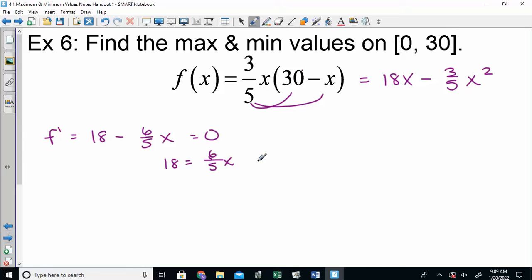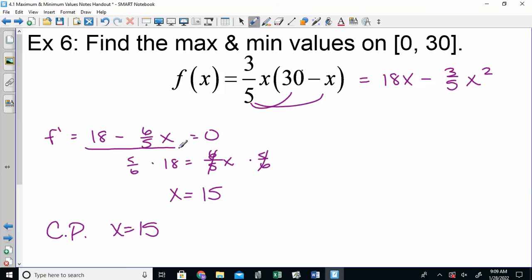How could I get rid of my 6/5? We multiply by 5 over 6. 18 divided by 6 is 3, times 5 is 15. All right, critical points are where my derivative was 0, so that was 15, or where it was undefined.